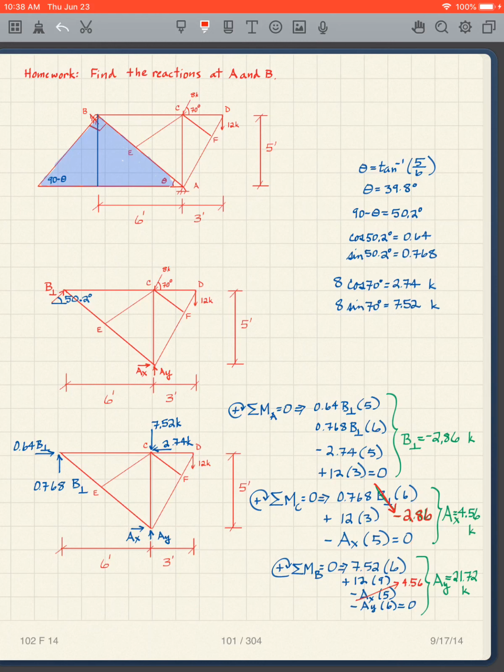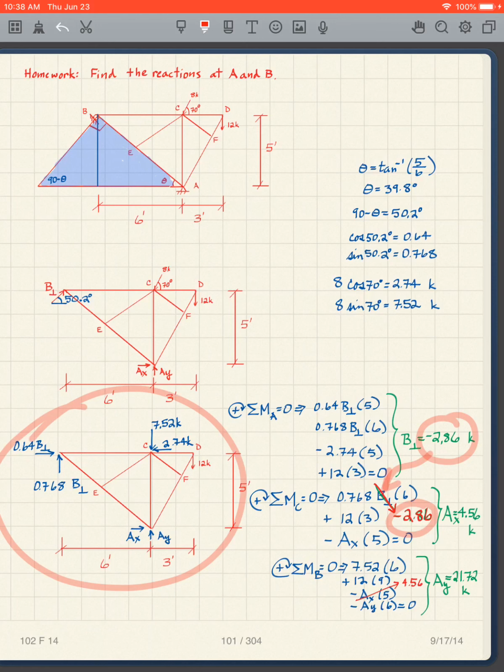I then use B perpendicular. Now notice this is a negative sign. We have to be true to our figure because we're using this figure. We don't flip the arrows around until the final free body diagram. So I have to put the negative 2.86 into that, because I look at my figure and I'm true to the figure.